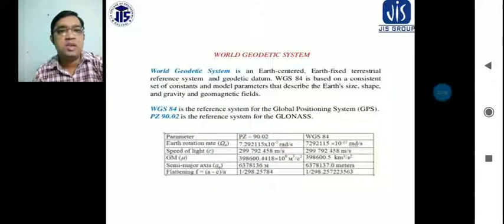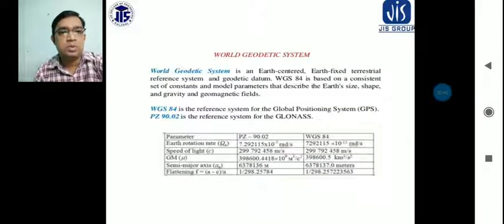The WGS 84 is the reference system for the global positioning system, that means the GPS, and the PZ 90.02 is the reference system for GLONASS. Another thing, the parameters of the PZ 90.02 and the WGS 84: the earth's rotation rate is 7.292115 times 10 to the power minus 5, and the speed of light is 299,792,458 meters per second.